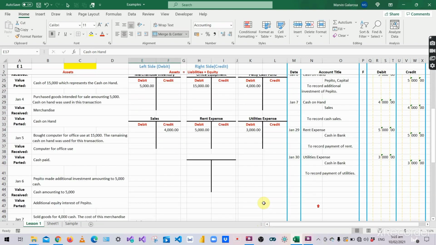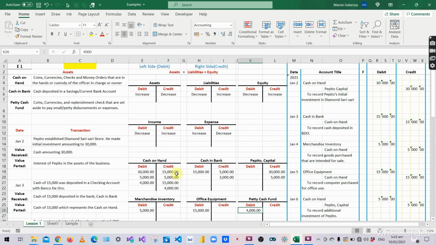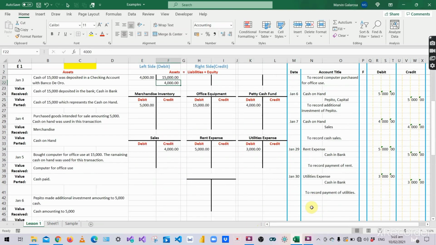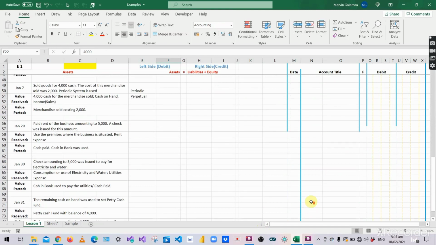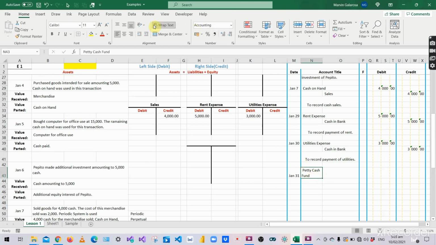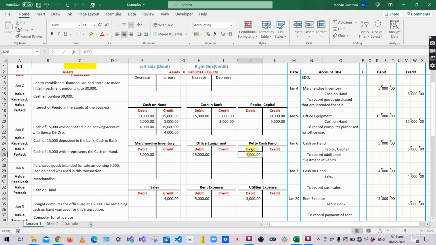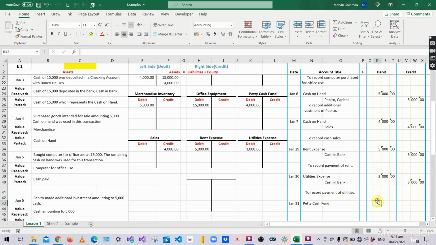So record na natin. Meron na tayong debit and credit. Entry on January 31. Debit, petty cash fund. Magkano siya? 4,000. Debit, petty cash fund, 4,000.